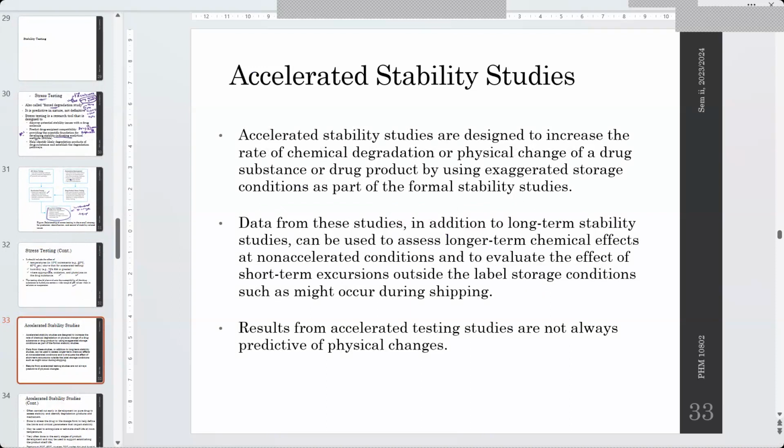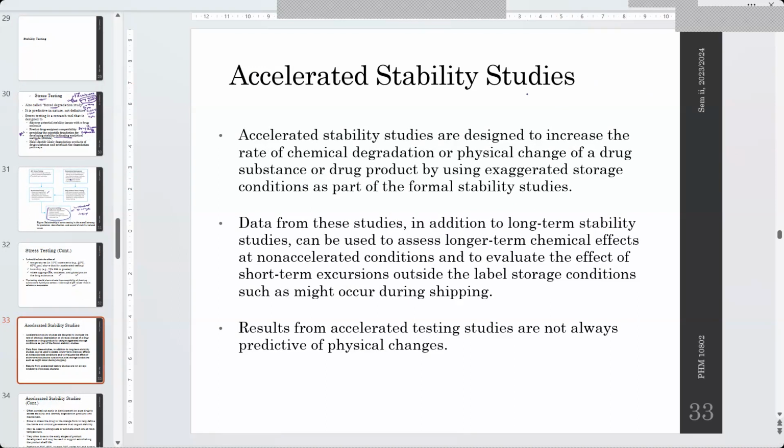Okay, now we go to accelerated stability study. They are designed to increase the rate of chemical degradation or physical change of a drug substance or drug product by using exaggerated storage conditions as part of the formal stability studies. So when we talk about stress testing, this is just to get initial rapid results, but it's not the one to determine the shelf life.